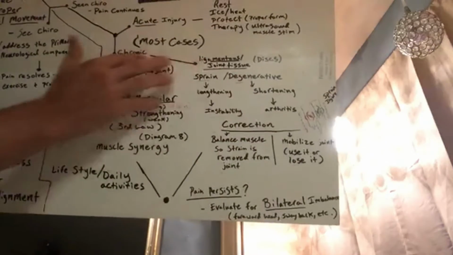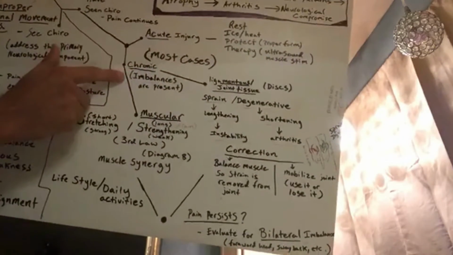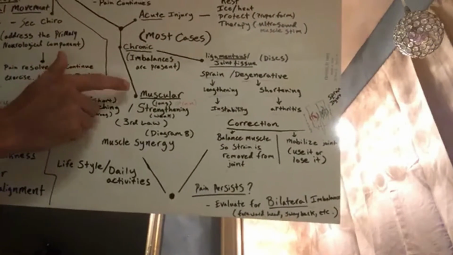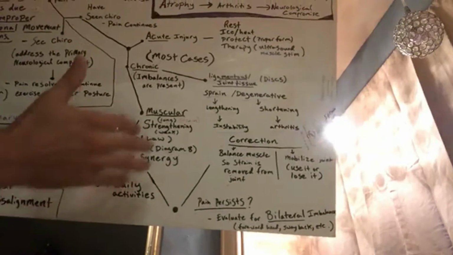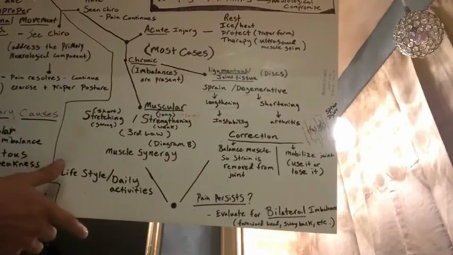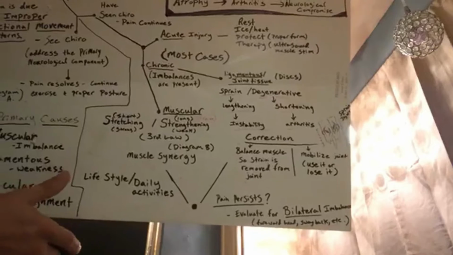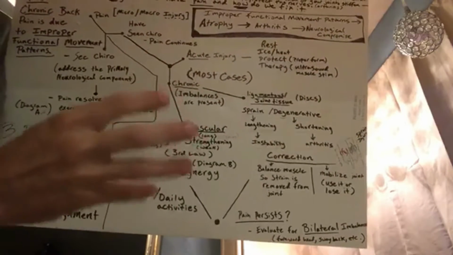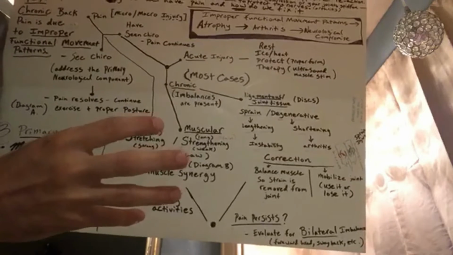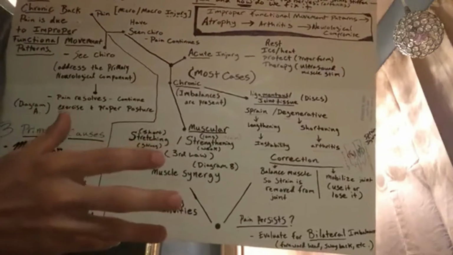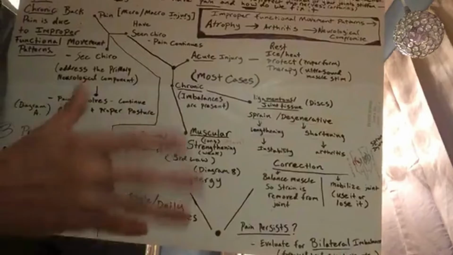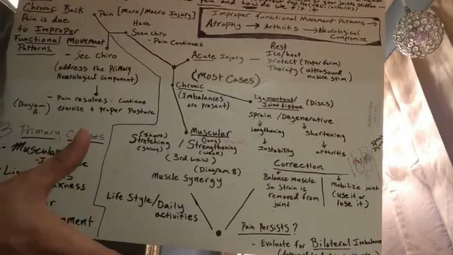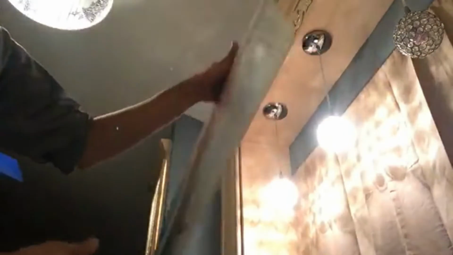So let's come back up here to imbalances that are present. So we have muscular, that comes back to the ligaments. We'll tie that together. But we have the same kind of idea. We have muscles that are hypertonic. They're short, contracted muscles. Sometimes I call these your dominant muscles. Sometimes it's one-sided, or you can have them on both sides. And we'll flip that to the other side.